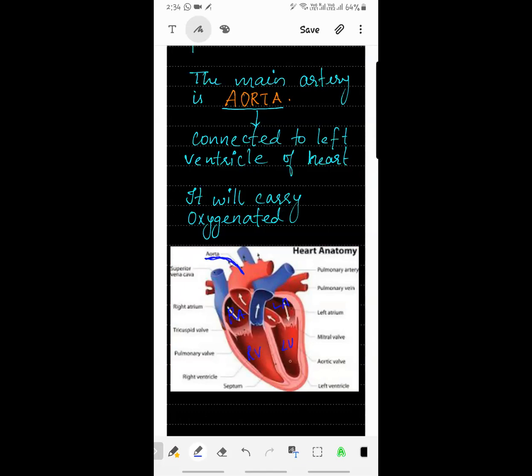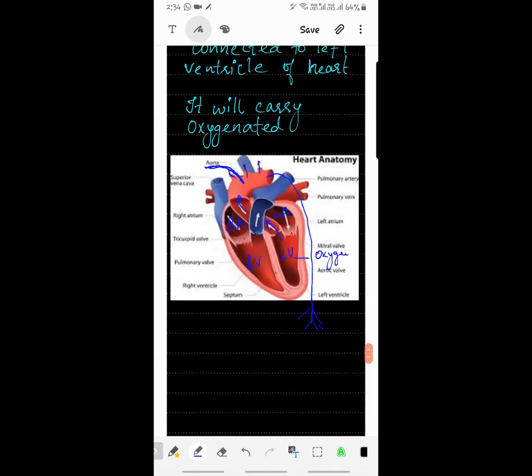So the blood from the left side carries oxygenated blood. This is how the oxygenated blood travels through the aorta to the brain, and then comes downwards and gives blood to the lower parts of the body.